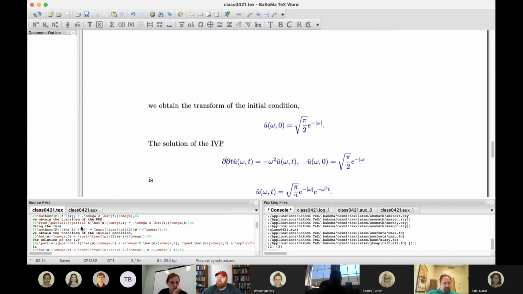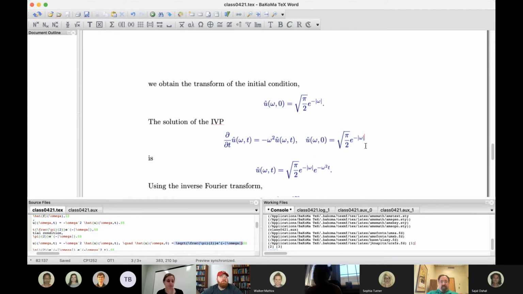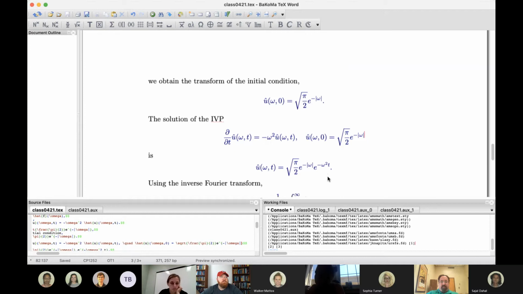Oh, we have a typo here. So this is your ODE for each Fourier coefficient of a solution with this initial value, and therefore this is the solution. All it is, is the initial value times e to the minus omega squared t, and that's what we end up with here.